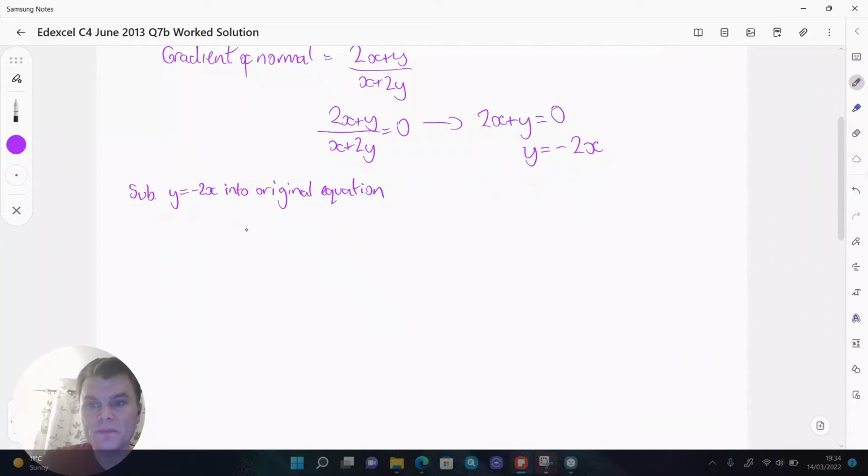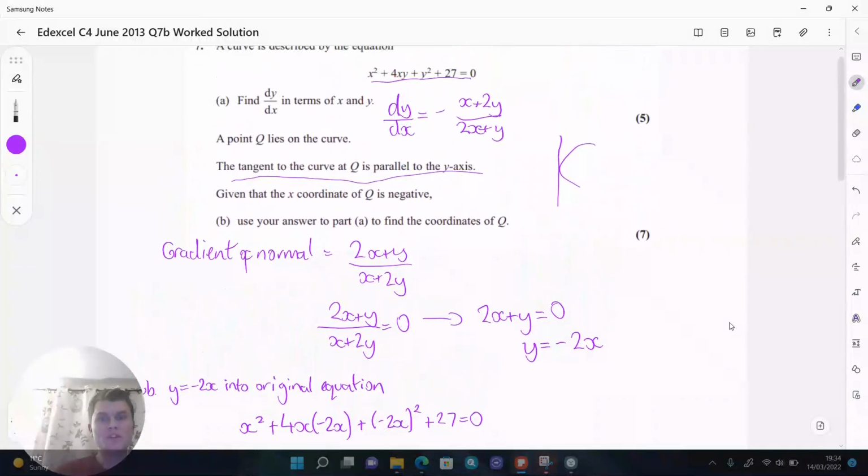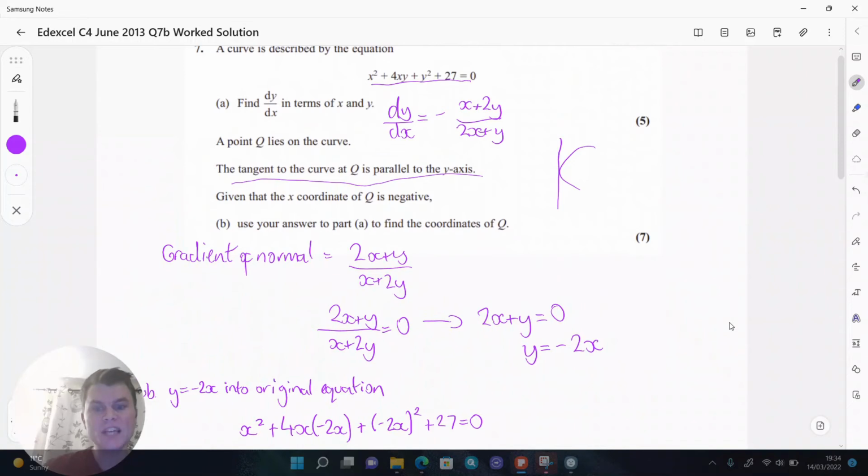So start off, x squared stays the same. Sub in minus 2x there. Sub it in there. You have that. So when we scroll back up, you can see we've successfully substituted in for the y. So it's minus 2x subbing in for every time we see y.